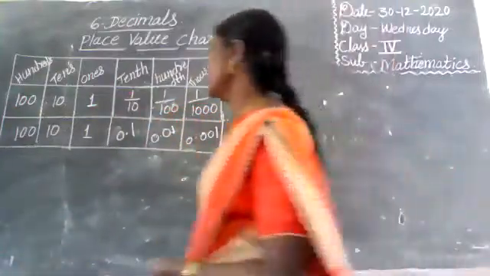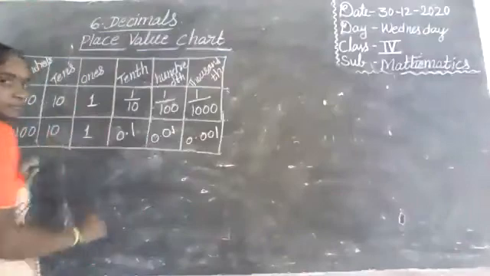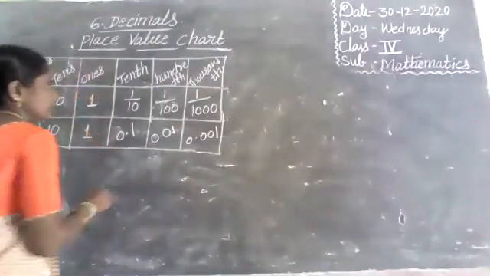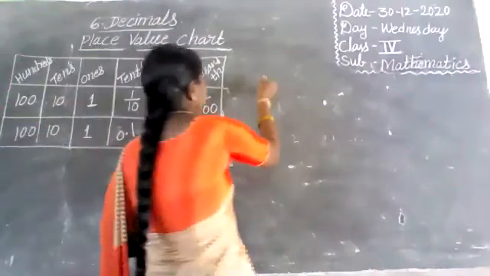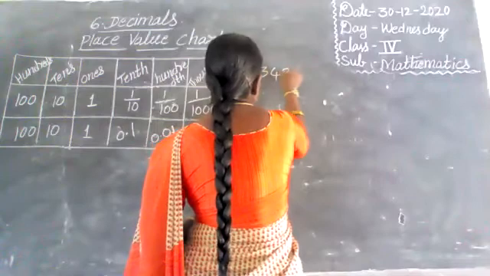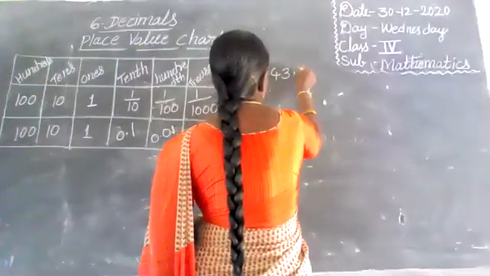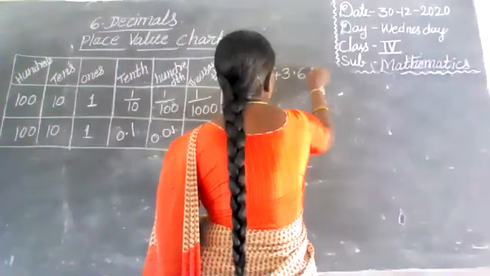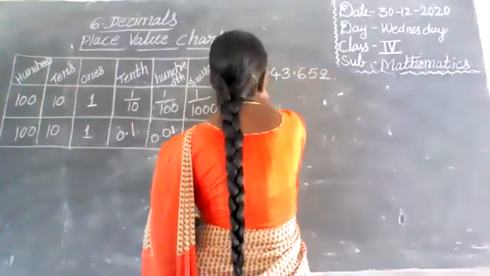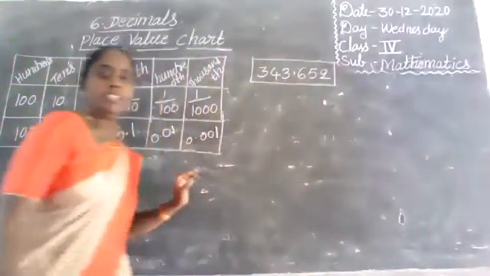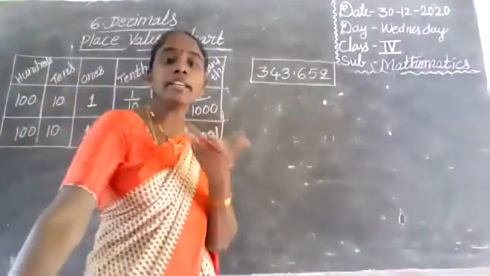For example, now I am taking one number: 343 point 652. Children, all of you listen carefully to how I read decimal numbers.